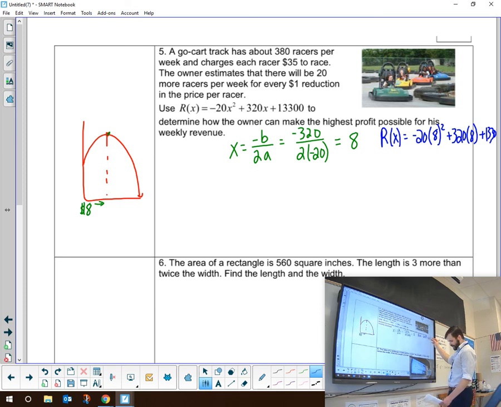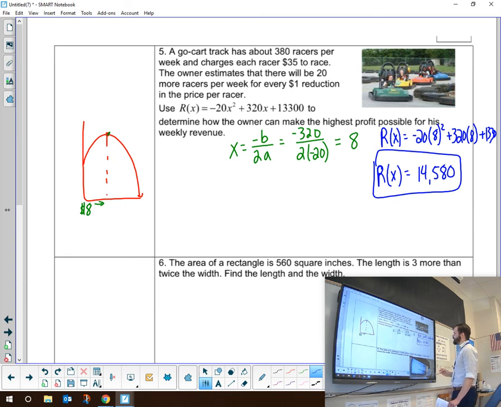So now we're going to work this out. I'm going to plug this into my calculator, and the maximum profit that he can make is going to be 14,580. Okay? So there's our maximum profit that he can make.